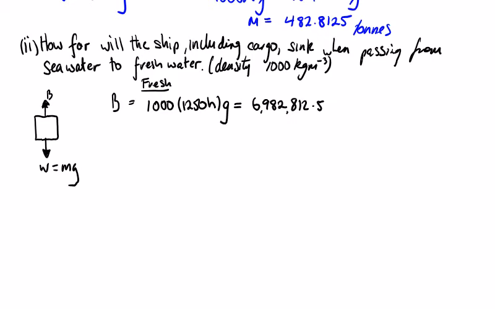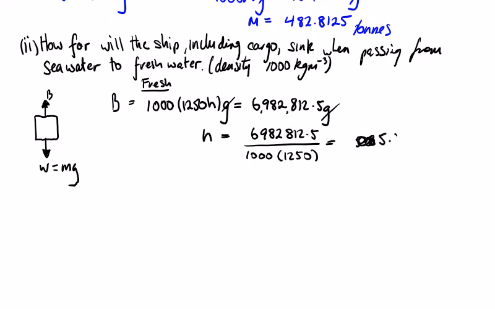Don't forget our g, the mass of the ship. So we can knock off our g's and leave our h there and divide by 1000 by 1250, and that will give us, because that was a small number, we can write it in centimeters, 5.58 centimeters.